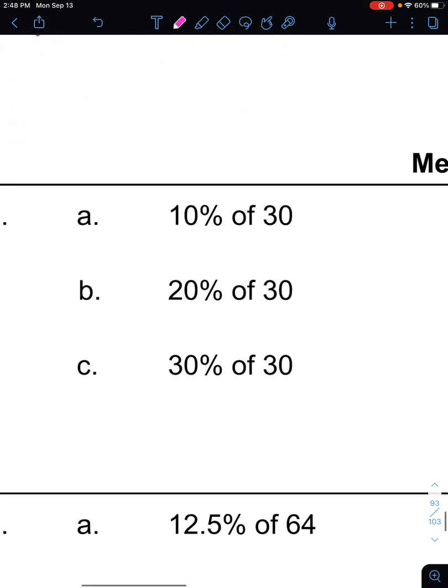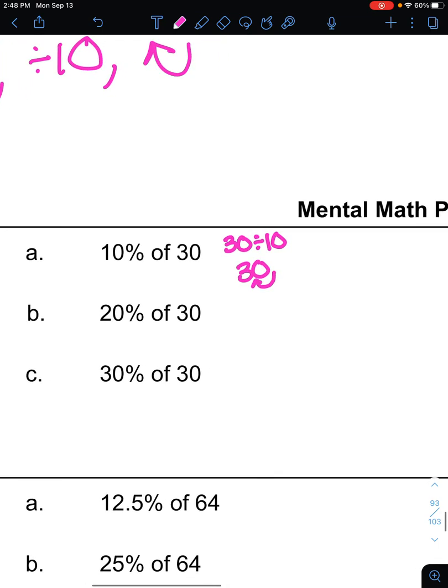Looking at problem A, 10% of 30. We can either find that by doing 30 divided by 10, or we could take 30 and do one swoop of the decimal to the left. Either way, we get the answer of 3. So 10% of 30 is 3. To get 20%, you can simply double that.